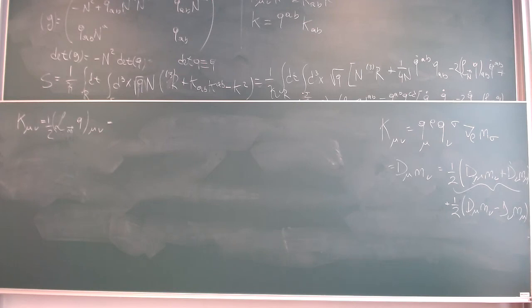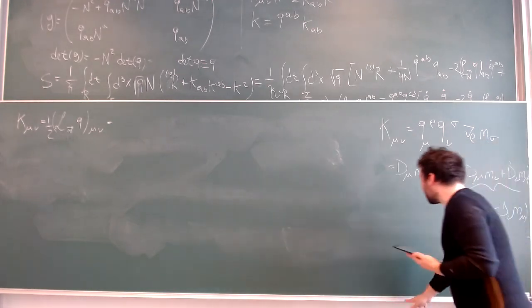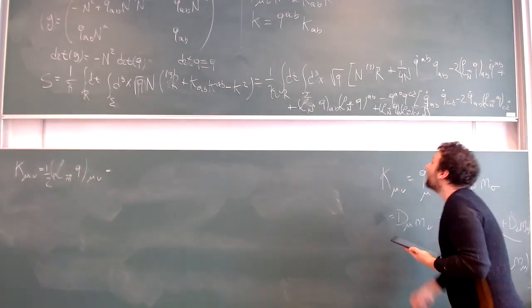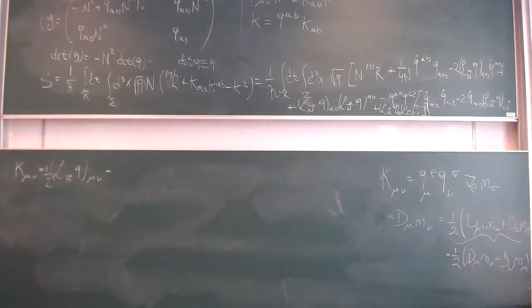Now this formula seems not so good, but at least you have the dot, the time derivative, and from that you get the conjugate variables and all the stuff for the constraints and so on.